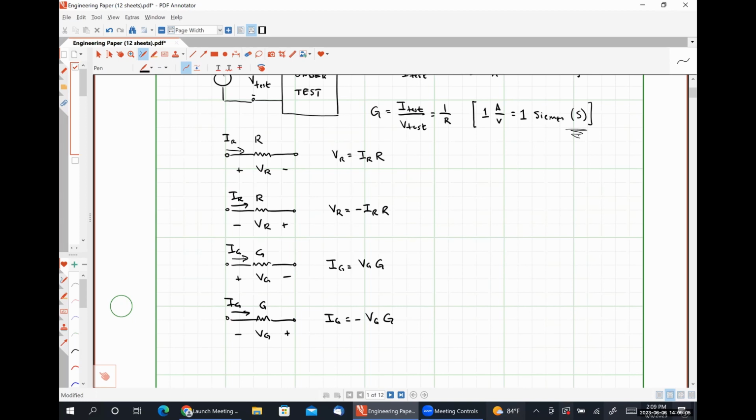While we have these expressions given, we can develop a few more by introducing our power relationships, right? So in our last class meeting, we said that the power absorbed by an element was equal to the voltage drop across the element times the current flowing through the element.